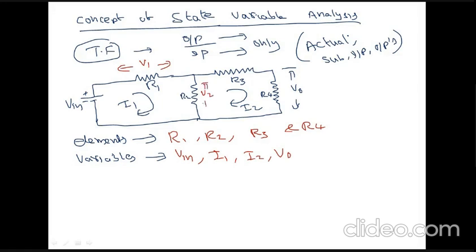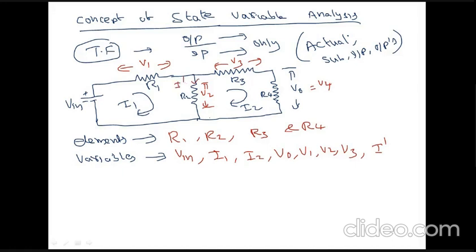But in actual practice, V1 is the voltage across R1, V2 is the voltage across R2, V3 is the voltage across R3, and V0 is the voltage across R4, already taken into consideration. It means that V1, V2 and V3 are 3 additional, hidden variables. In addition, I can consider the current flowing through R1, R3, R4, already considered as I1. So I can consider some current I dash, which is the current flowing through R2, R3.